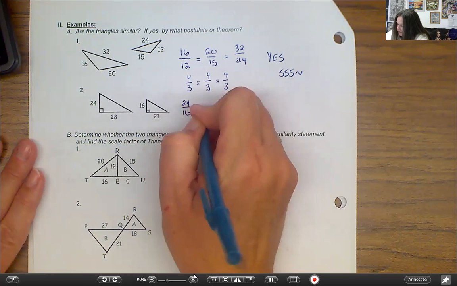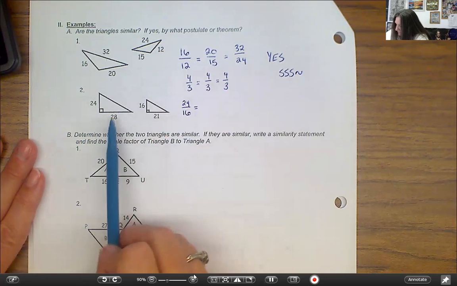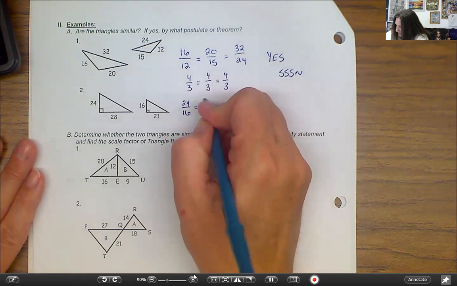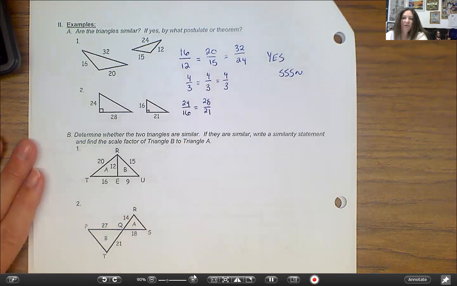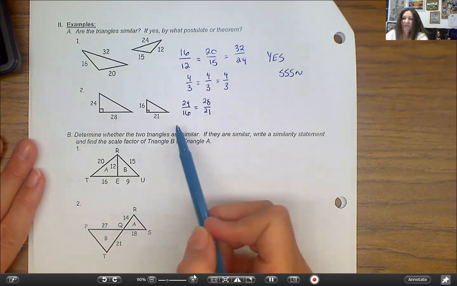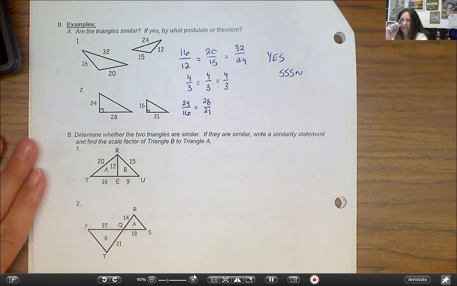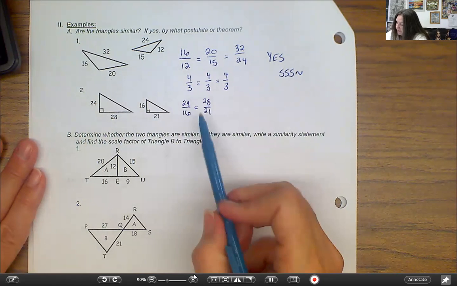And we want to see if that has the same scale factor with the longer leg. So I've got a longer leg of 28 over here, a longer leg of 21. So what we want to do now is reduce these to see if we have the same scale factor between them.